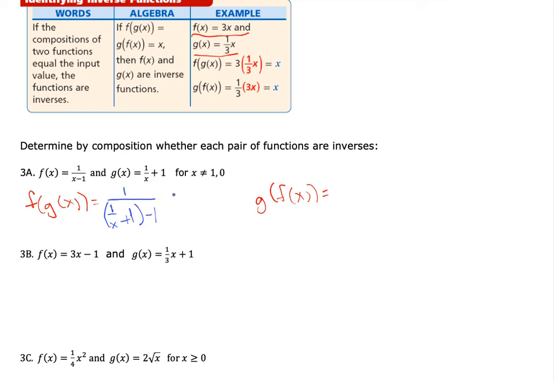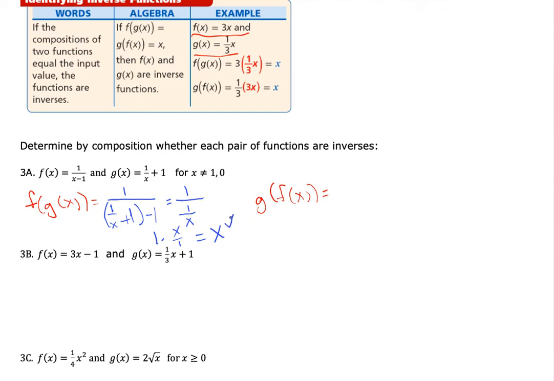And then I'm going to simplify it. Well, 1 over x plus 1 minus 1. I don't really need that parentheses, so I'm going to leave it as 1 over x. And then I have 1 divided by 1 over x. That's the same thing as saying 1 times x over 1, which means it simplifies to x.